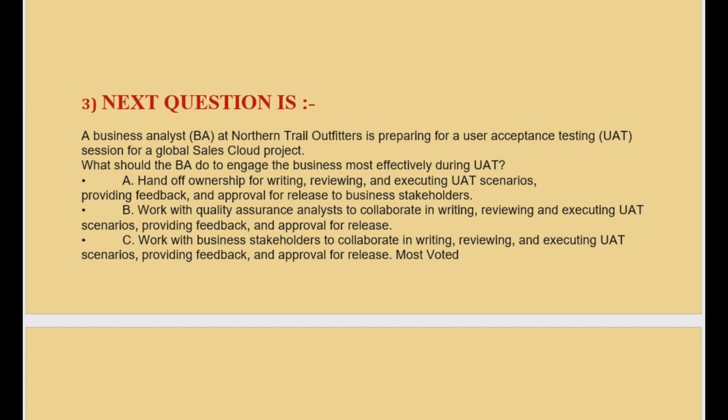Option A, hand off ownership for writing, reviewing, and executing UAT scenarios, providing feedback and approval for release, to business stakeholders. Option B, work with quality assurance analysts to collaborate in writing, reviewing, and executing UAT scenarios, providing feedback and approval for release.